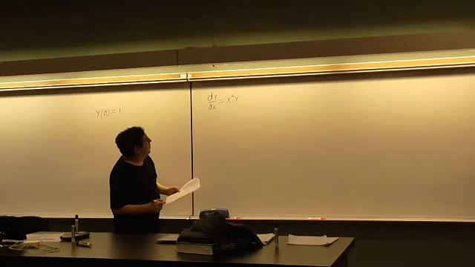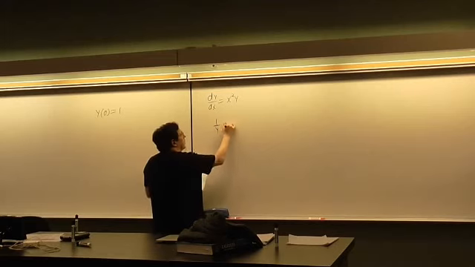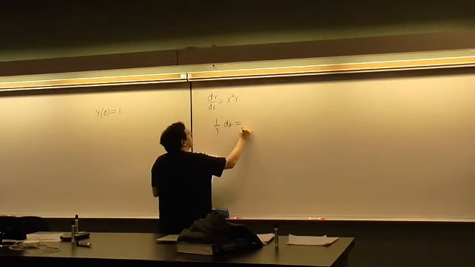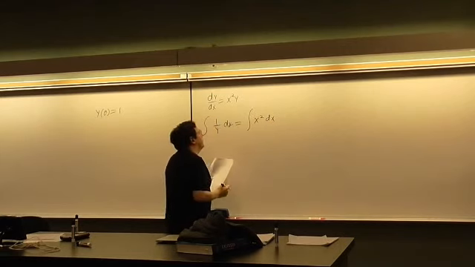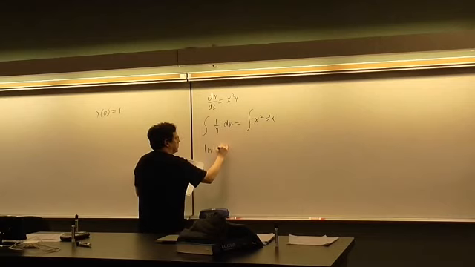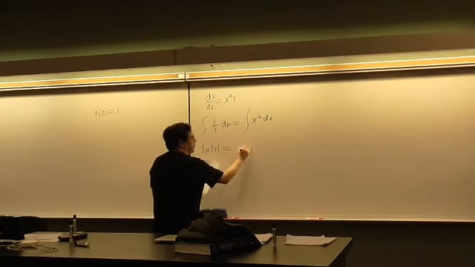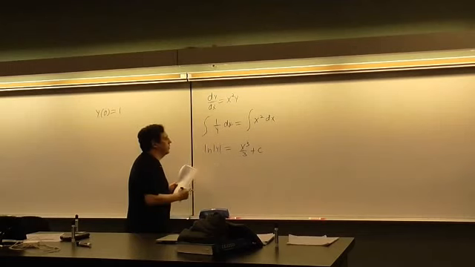So again, here we have 1 over y dy equals x squared dx. Integrate. We get the log of y equals x cubed over 3 plus a constant.